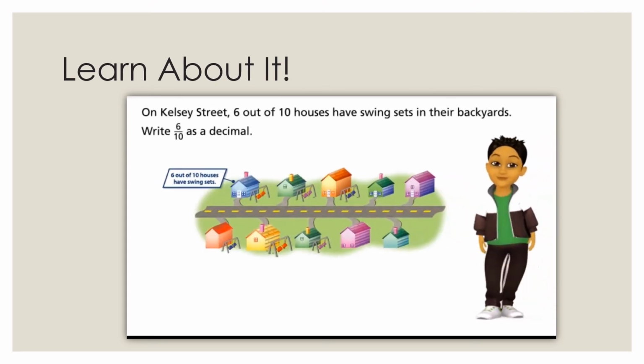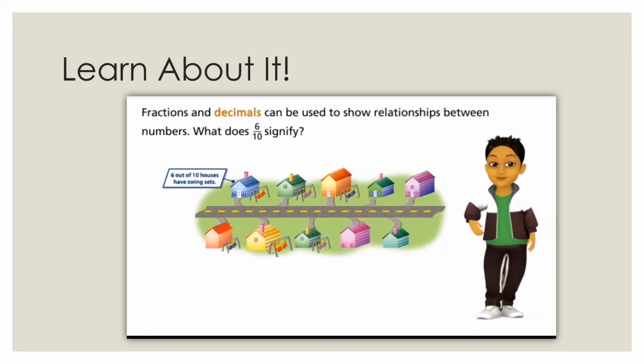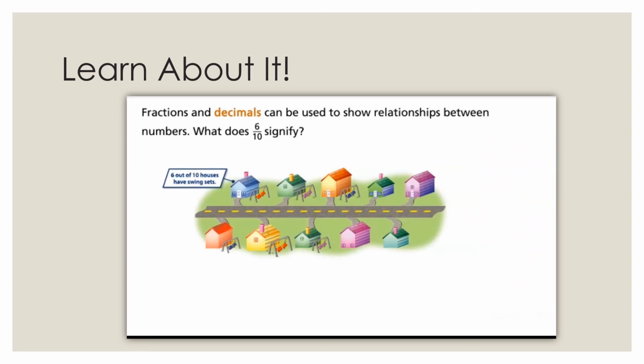On Kelsey Street, 6 out of 10 houses have swing sets in their backyards. Write 6/10 as a decimal. Fractions and decimals can be used to show relationships between numbers. What does 6/10 signify? It means that out of the 10 houses on Kelsey Street, 6 have swing sets.